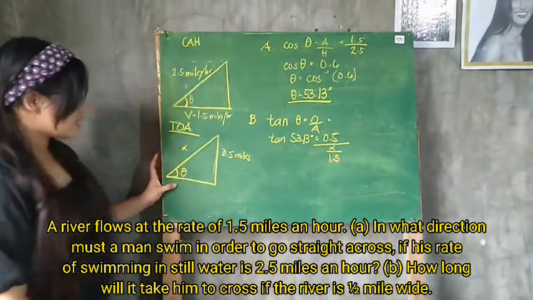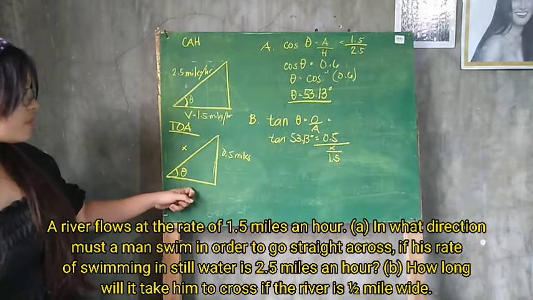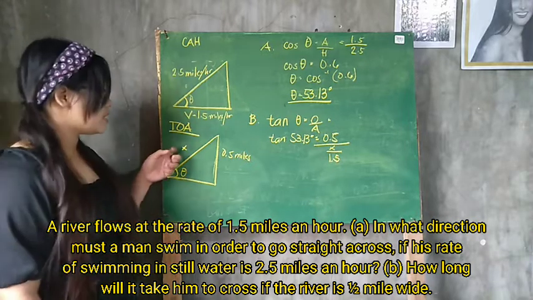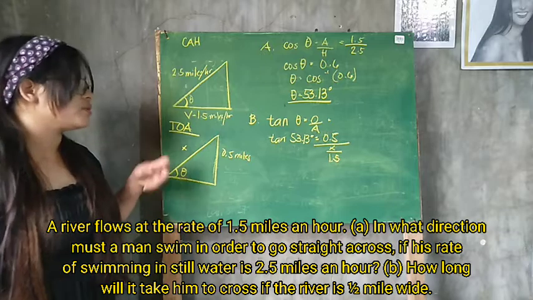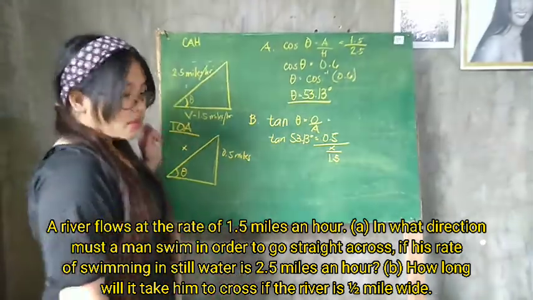The adjacent is x over 1.5 miles because we have no hypotenuse, so we are going to use the fraction.